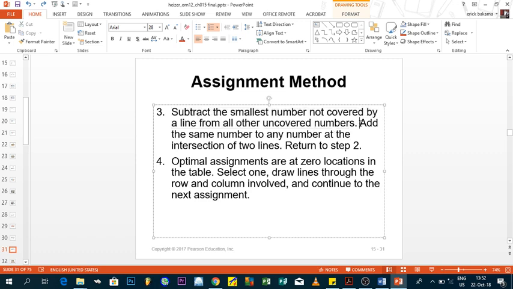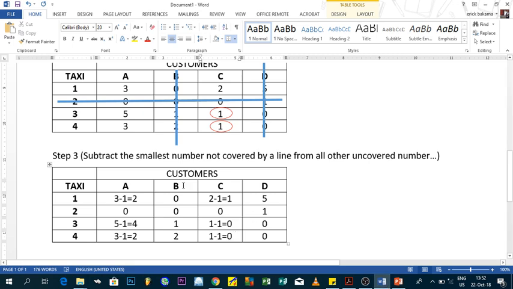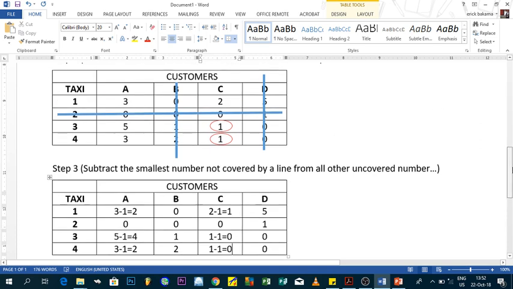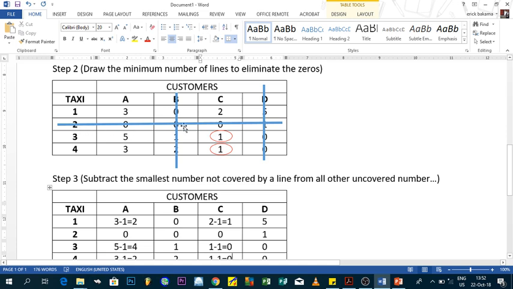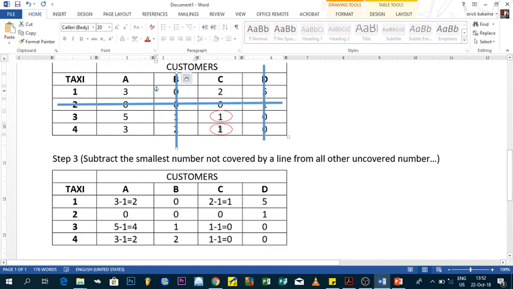Then we should add the same number to any of the numbers at the intersection of two lines. So we go back to our lines here. Which one is at the intersection? An intersection is where two lines meet. So you realize that you get B2, that's where there's the first intersection, and D2, the second intersection. So we're going to add that smallest uncovered number to that part.